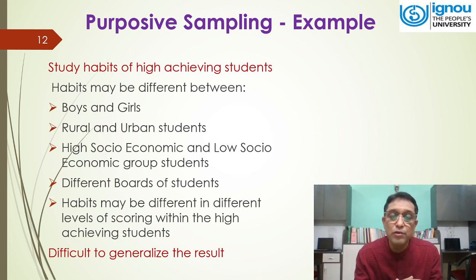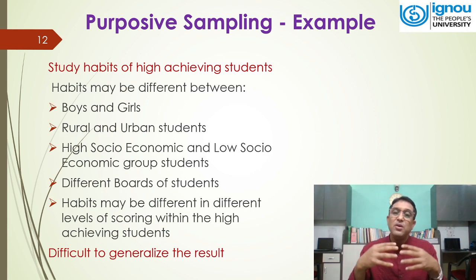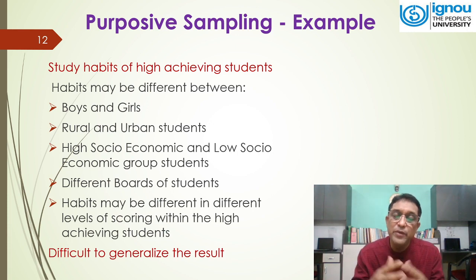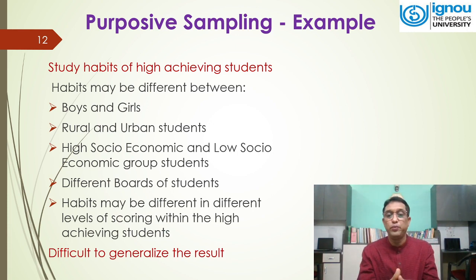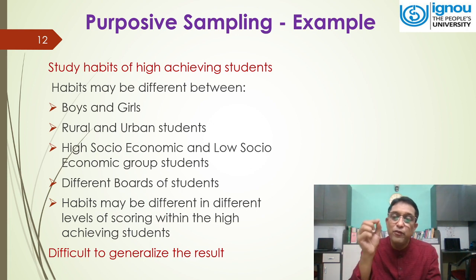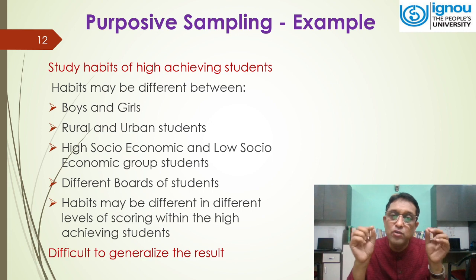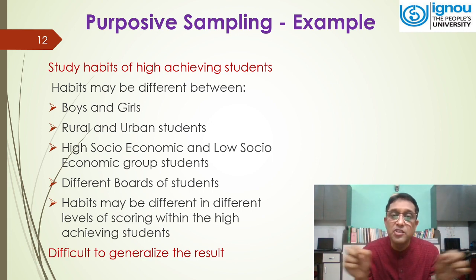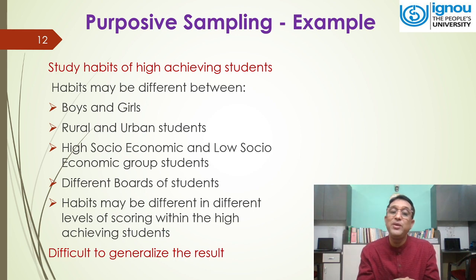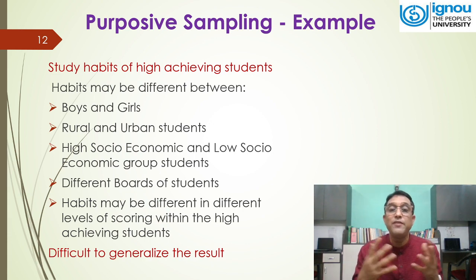देन फर्दर हाई सोशियो इकोनॉमिक, लो सोशियो इकोनॉमिक ग्रुप स्टूडेंट्स. सो मुझे बताइए स्टडी हैबिट्स ऑफ द स्टूडेंट्स हु आर कमिंग फ्रॉम डिफरेंट सोशियो इकोनॉमिक ग्रुप, coming from high socio-economic group families and the low socio-economic group families. तो शायद आप मेरे से सहमत होंगे कि जो लर्नर्स है डिफरेंट सोशियो इकोनॉमिक ग्रुप से जब आते हैं उनका लर्निंग स्टाइल, उनका स्टडी हैबिट्स अलग अलग होता है, because it depends upon the family culture, it depends upon the involvement of the family, it depends upon the guidance of the family to the children, and it also depends upon certain financial aspects.